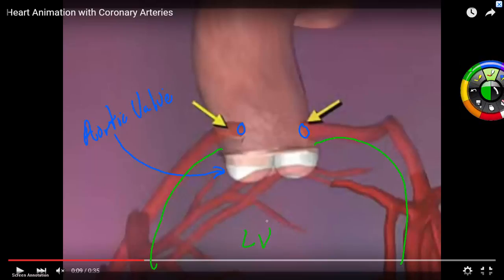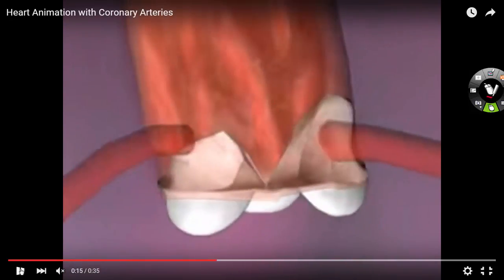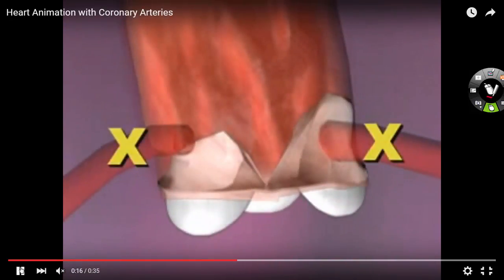When the left ventricle contracts, it's going to have to force open that aortic valve. So observe. The left ventricle is going to contract, and it's going to force open the aortic valve.